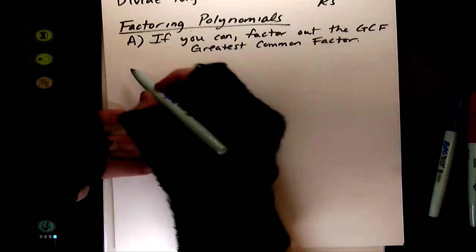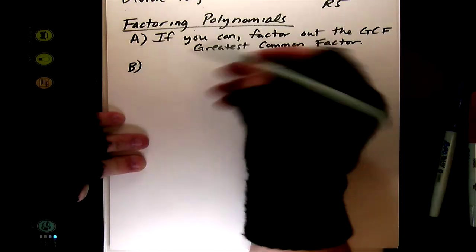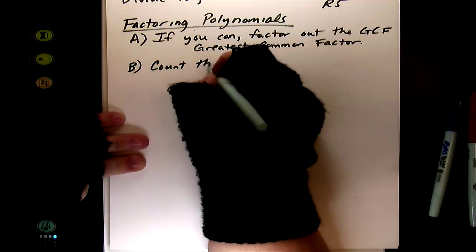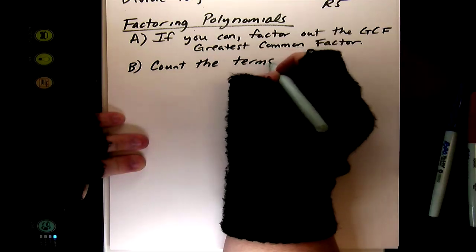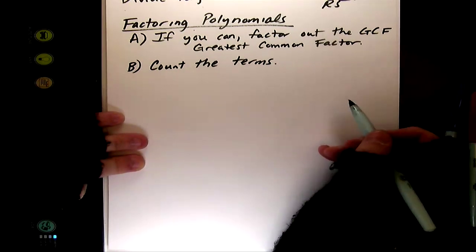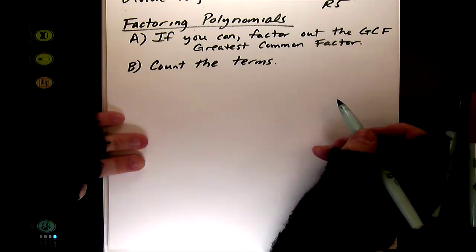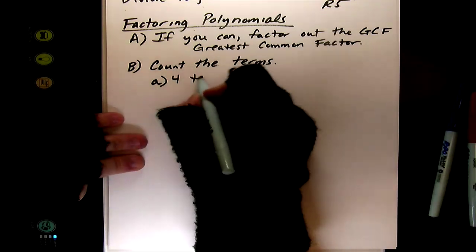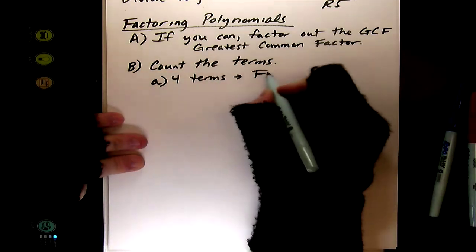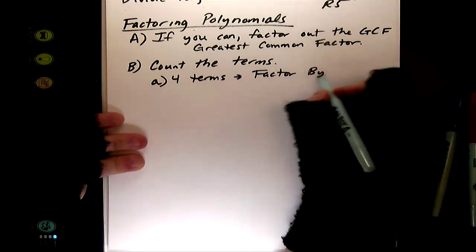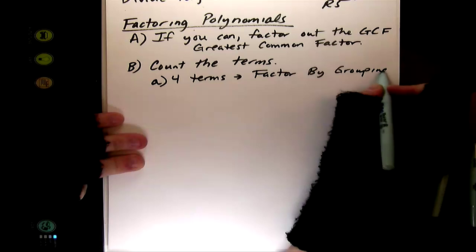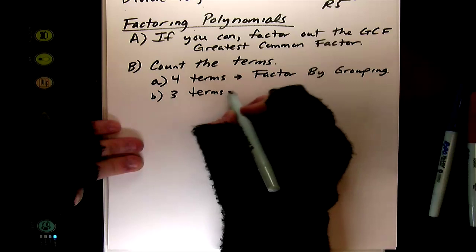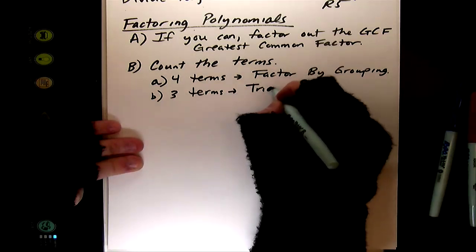Step B. Once the greatest common factor is out, we're going to check to see if it factors further. We do that by counting the terms. If we have 4 terms, we're going to factor by grouping. Three terms is trinomial factoring.